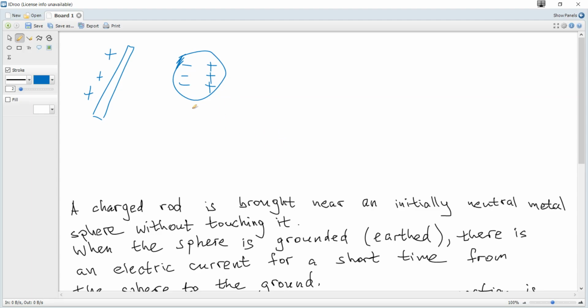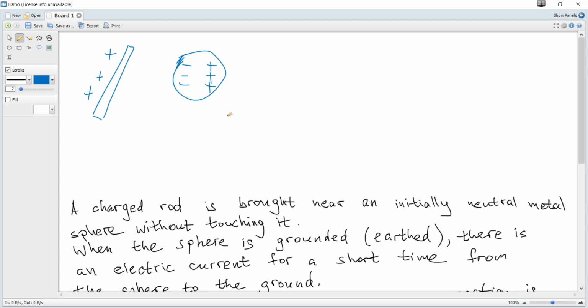We don't say that positive charges move to the right or something like that. Electrons move closer to the charged rod, but to be easier to remember, pluses attract minuses, so minuses closer to the rod.